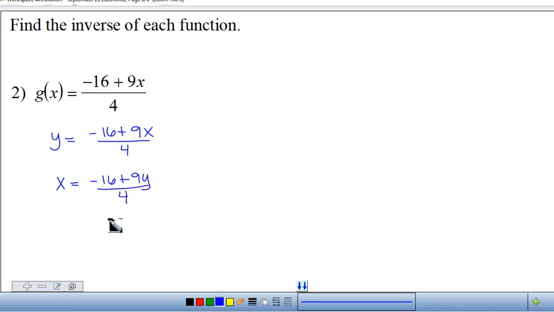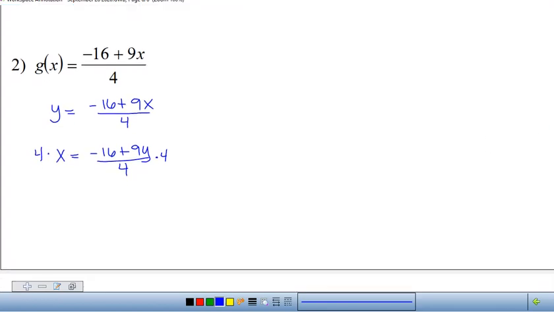And now we want to solve for y. I have three numbers that I need to get rid of, but I can't even get to the negative 16 or 9 without removing this 4 first. Since these numbers are divided by 4, I will multiply both sides by 4. That gives me 4x equal to negative 16 plus 9y.